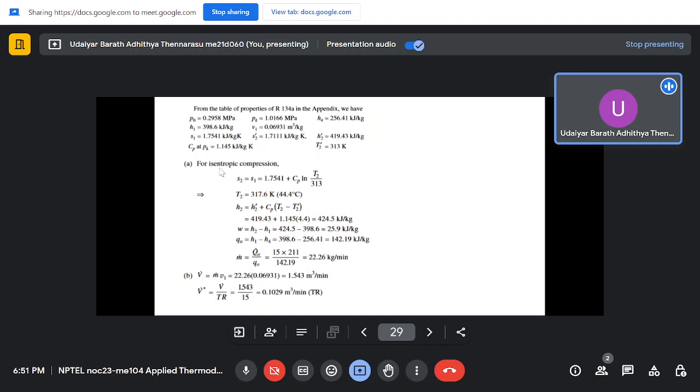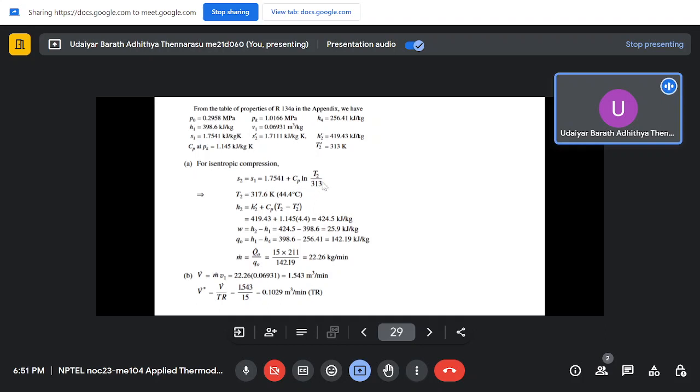So now for isentropic compression, S2 equals S1, so entropy is constant, so this equals 1.7541 plus Cp ln T2 by T1.